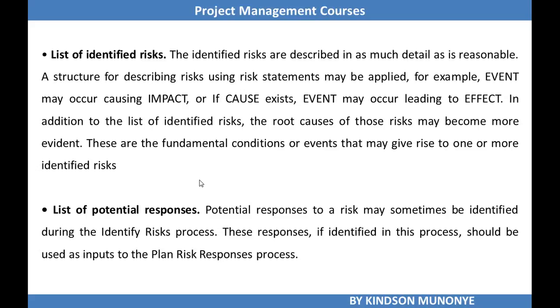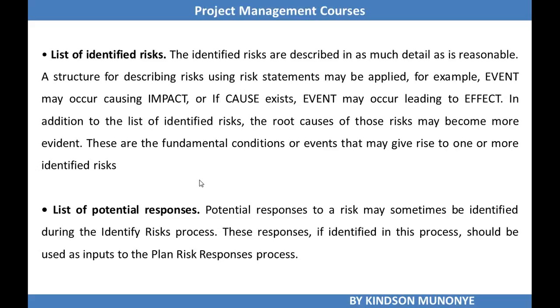Alright, they also have a list of potential responses, which is also part of the risk register. Potential responses to a risk may sometimes be identified during the identify risk process. These responses, if identified in this process, should be used as inputs to the plan risk responses process. Alright, this is how we round off the identify risk process.